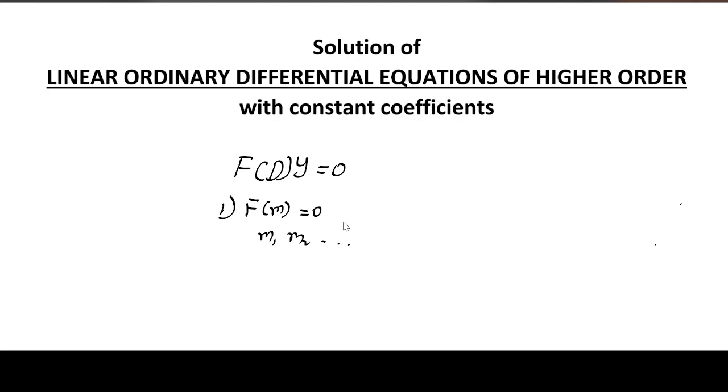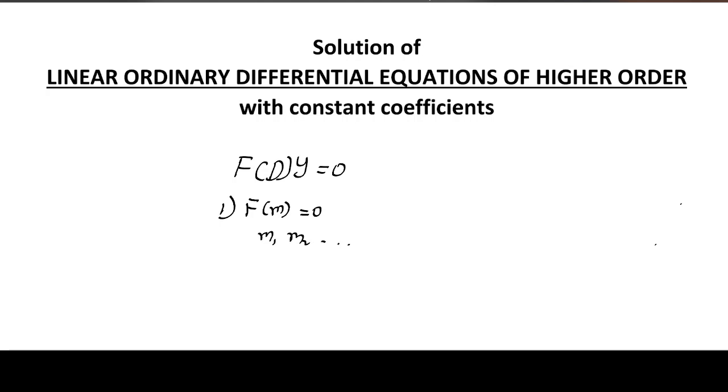Depending on the nature of the roots, that is whether they are real distinct, real repeated, complex, or complex repeated, we have four cases with different ways to write the solution. In continuation to our video, we'll discuss one or two problems in this session.